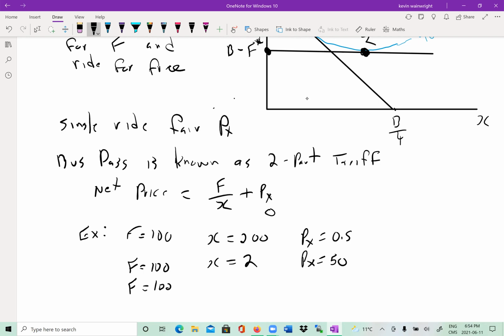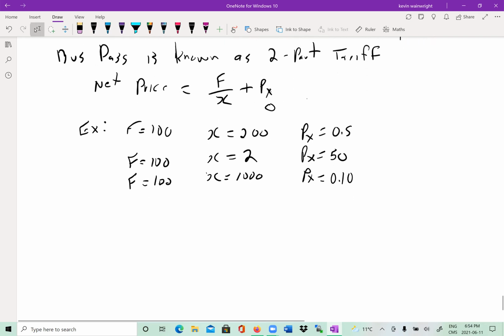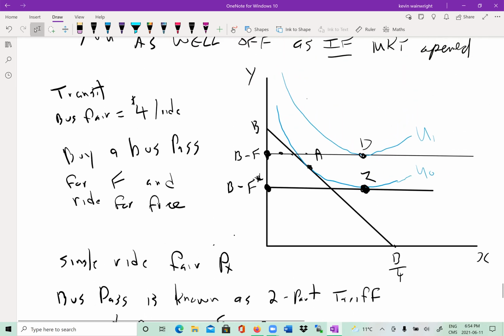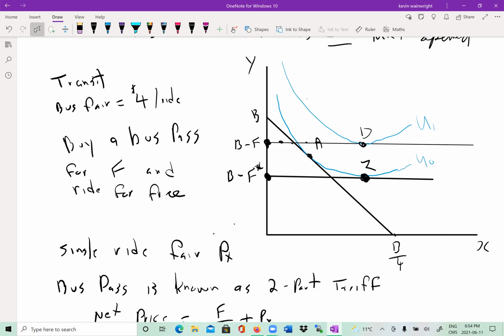If you pay $100 for your bus pass and then you ride the bus 1,000 times a month, then the price you pay per ride is 10 cents, okay? So hopefully that explains how the bus pass system works. Okay. So there's an example of a good where the price is 0. The budget line is horizontal.